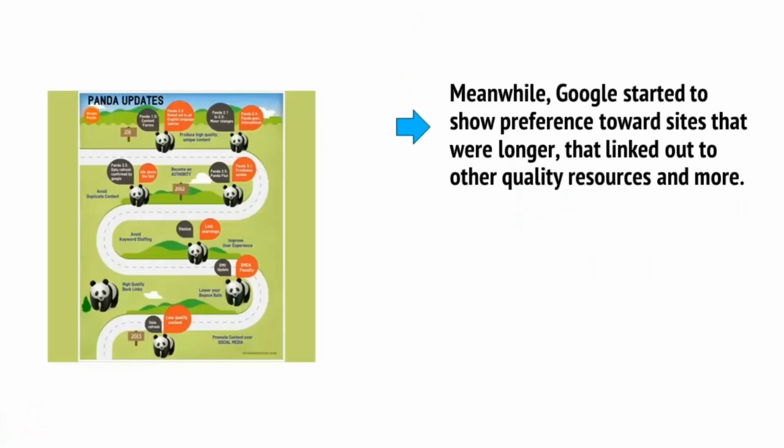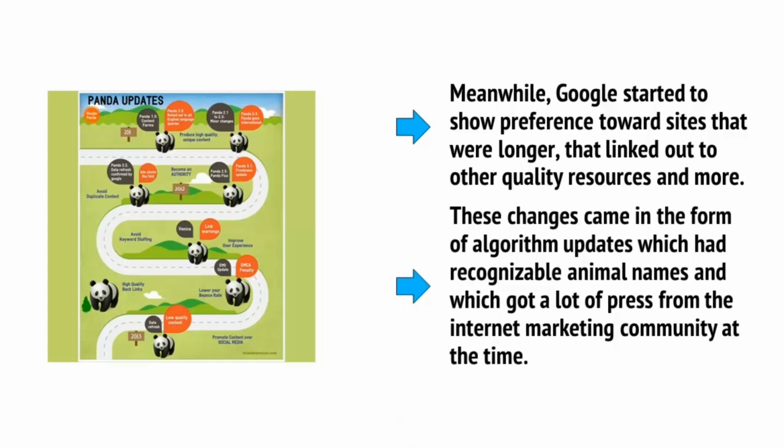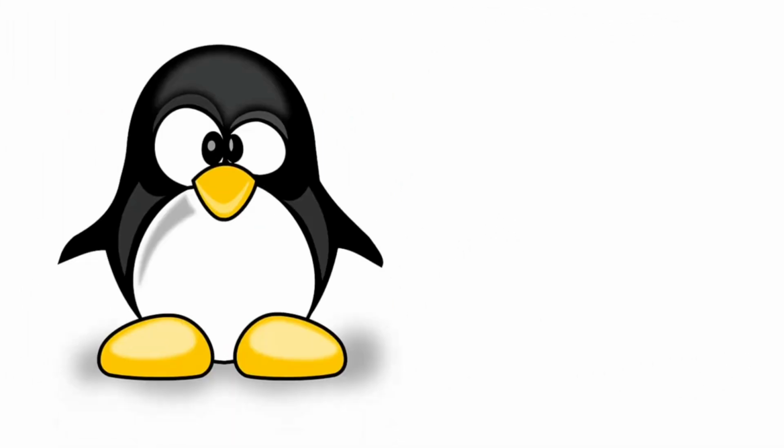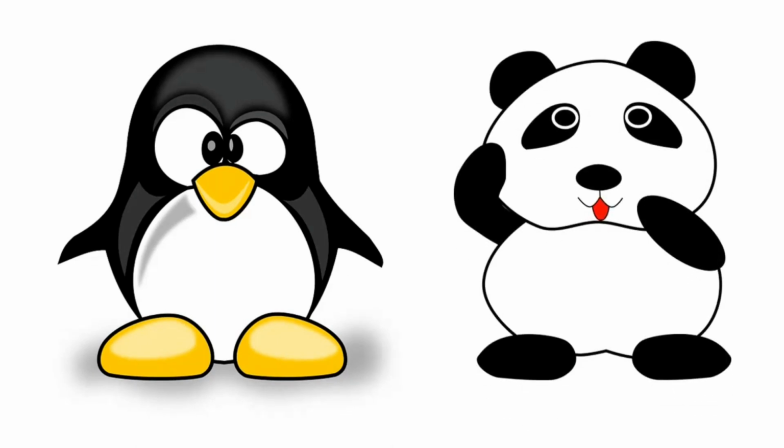Meanwhile, Google started to show preference towards sites that were longer, that linked out to other quality resources which previously would have hurt your SEO, and more. These changes came in the form of algorithm updates which had recognizable animal names and which got a lot of press from the internet marketing community at the time. These were Penguin, which was designed to reduce the effectiveness of unnatural backlinks, and Panda, which was designed to favor sites that looked high quality.